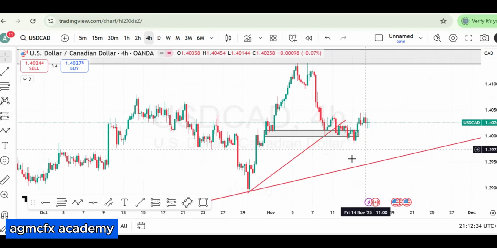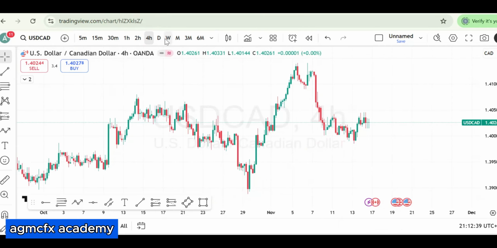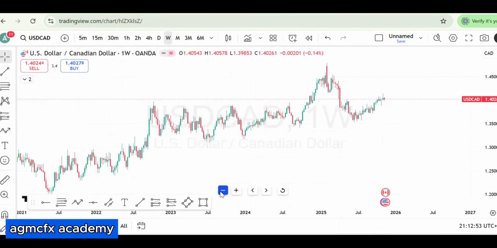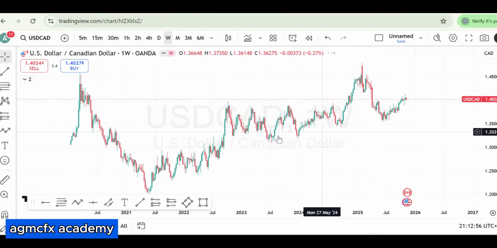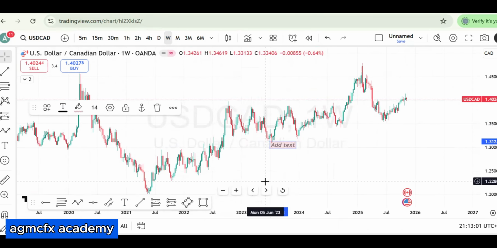So this is the USD CAD, and for USD CAD, let's see the market for this week. For the weekly time frame, what do we have? What is the structure of the market? We can say we have a minor uptrend.